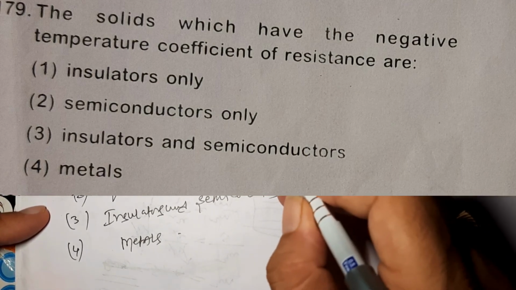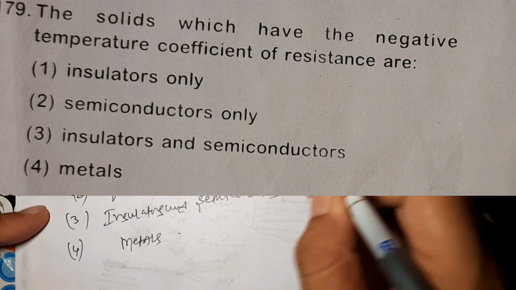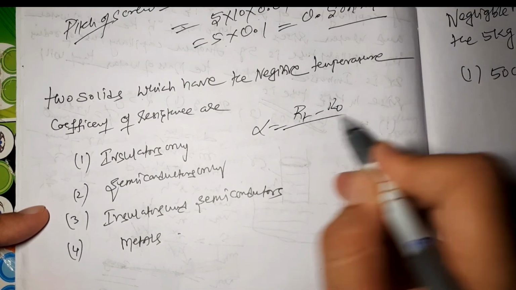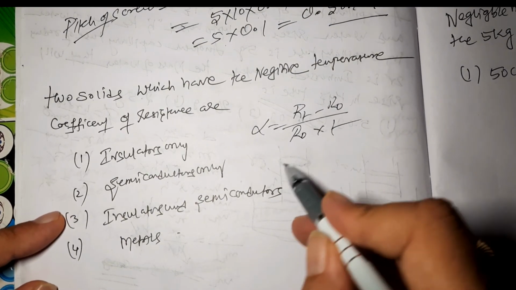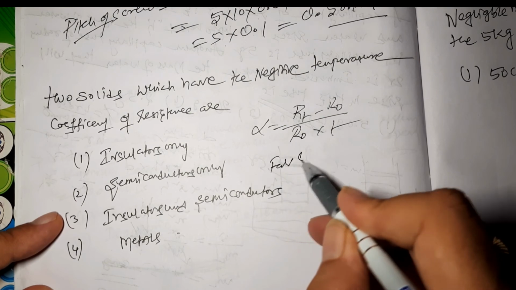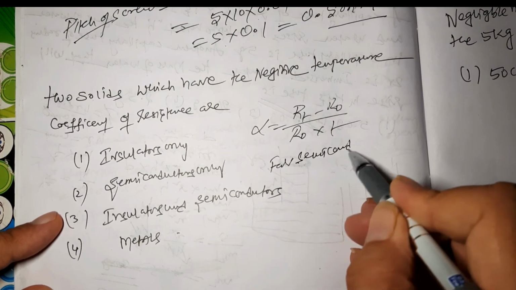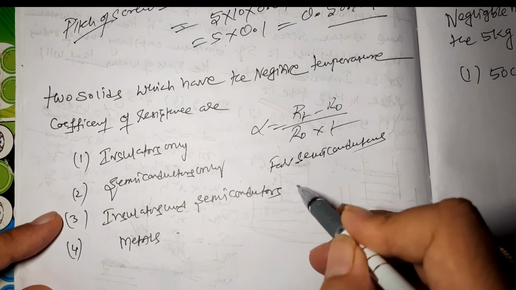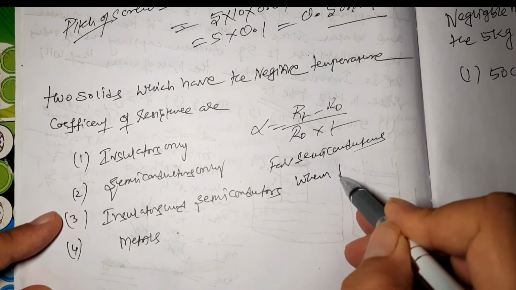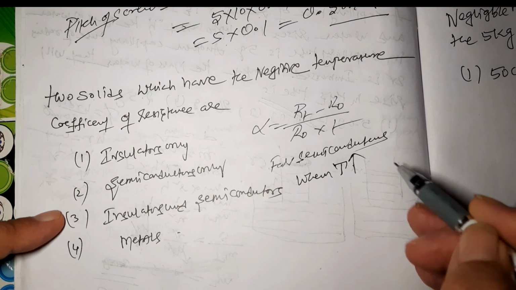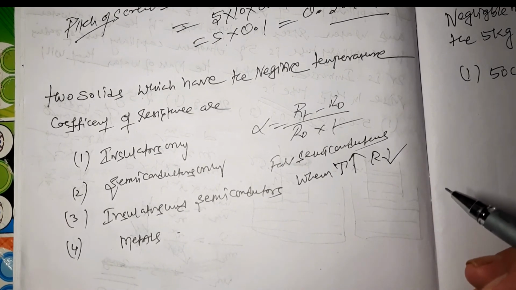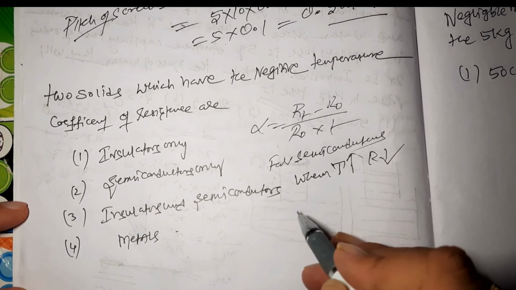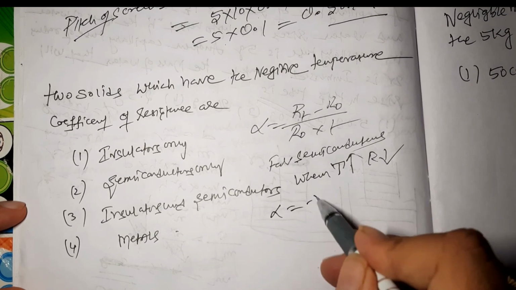We know that the temperature coefficient alpha is equal to RT minus R0 by R0 into T. For semiconductors, when temperature increases, resistance decreases and conductivity increases. So alpha is negative.